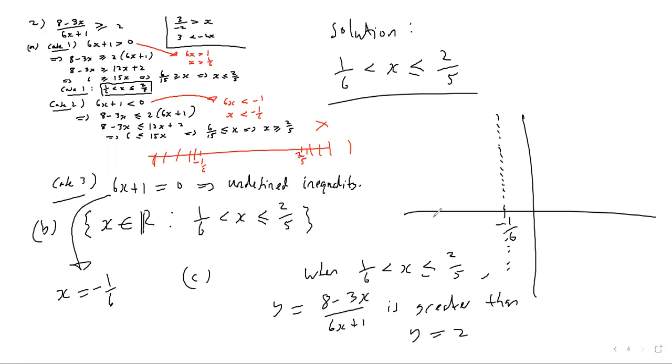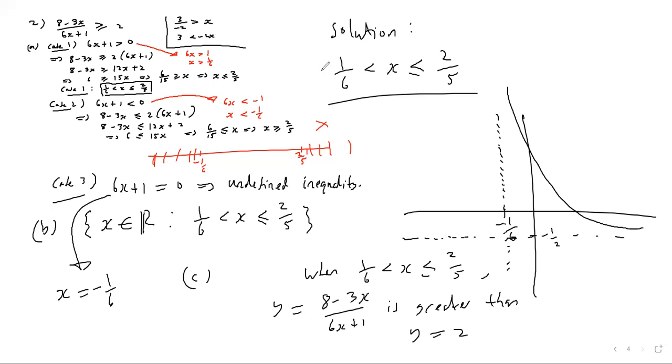So the graph of y equals 8 minus 3x over 6x plus 1 is not defined there. You also have an asymptote at negative 1 over 2. Again, you don't really need to know why, but you do have an asymptote there. So the graph of this is going to look something like that.